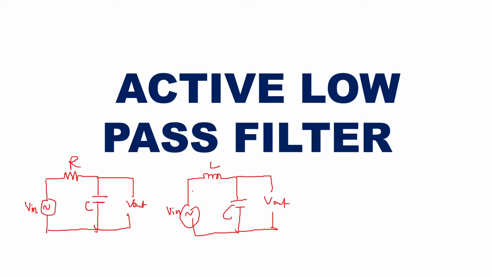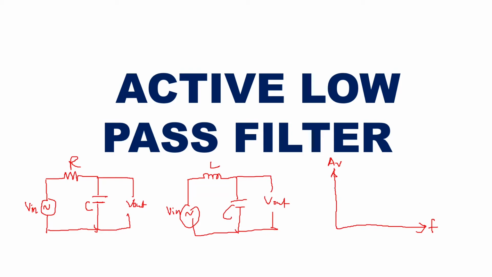Now low pass filtering, by definition, is a frequency selective network which will pass all the frequencies below a specified frequency called the cutoff frequency. If you see the graph, the y-axis is gain, that is output voltage over input voltage, and the x-axis is frequency.